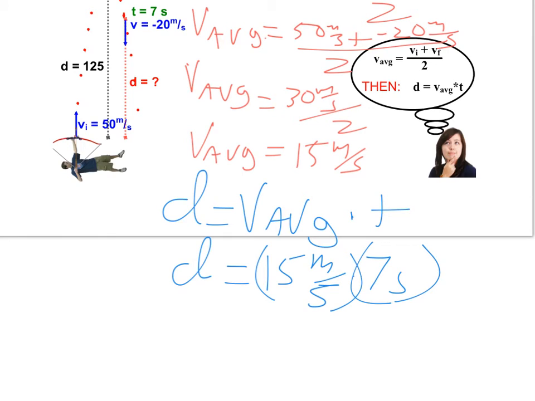If I calculate that out, 15, 30, 45, 60, 75, 90, that is 105 meters. So less high above the ground than it was at 5 seconds because at 7 seconds the arrow is on its way down.